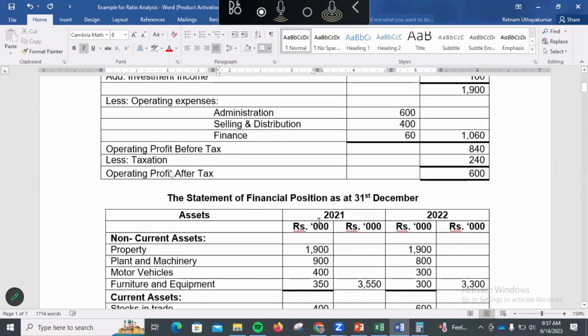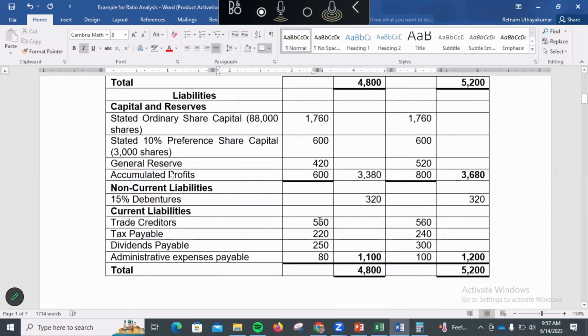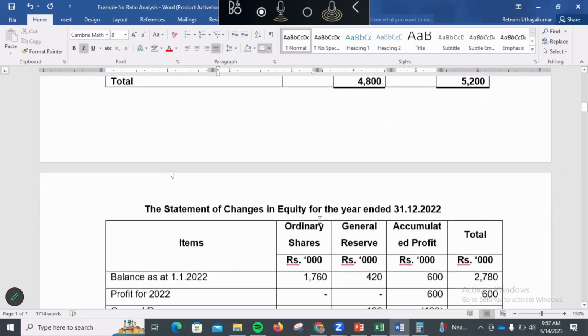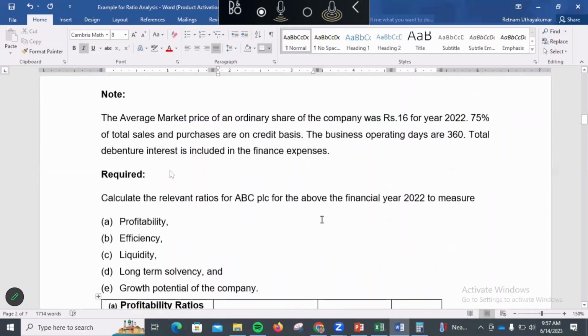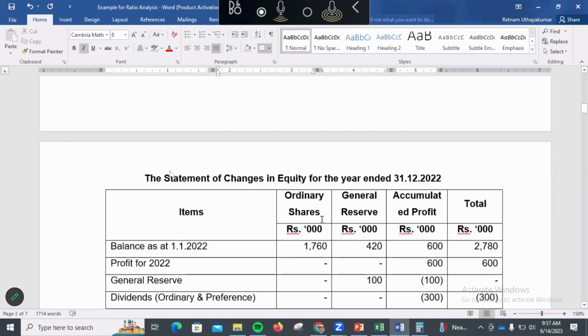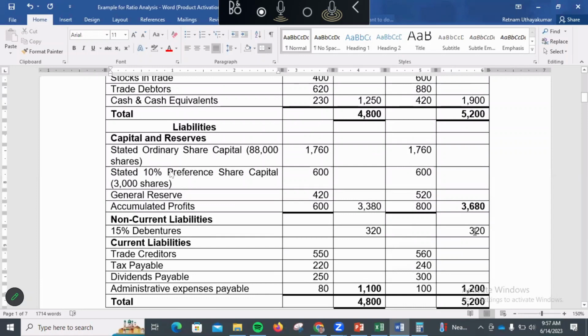But finance expense is a composite of all the items related to finance. So you want to identify what is a fixed interest. The interest is given for the 15% debentures for the year 3020.